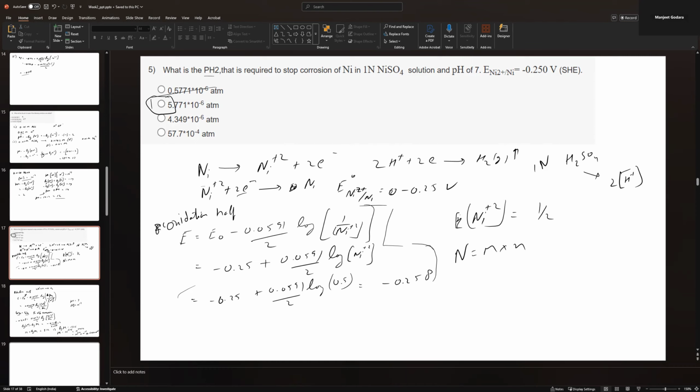Since you get 2 H plus divided by the electron transfer number here, 2, 1 normal H2SO4 gives 1 mole of H plus.